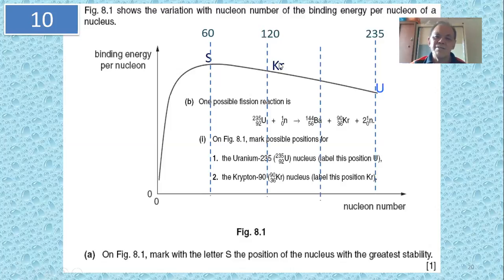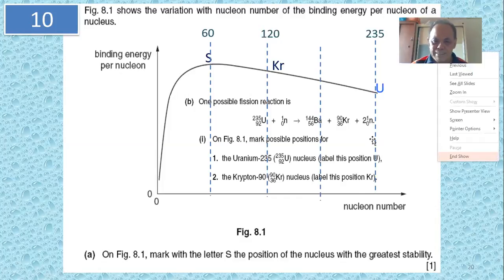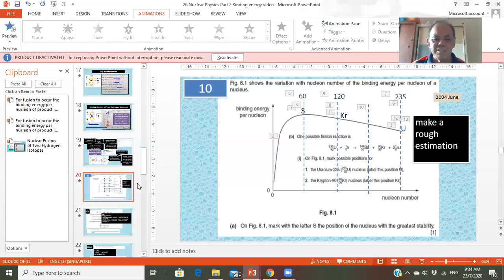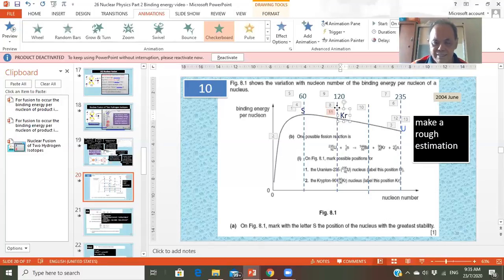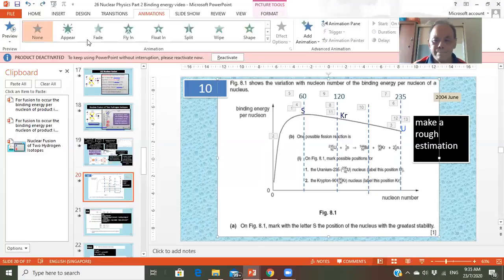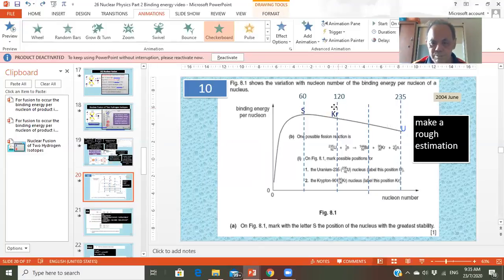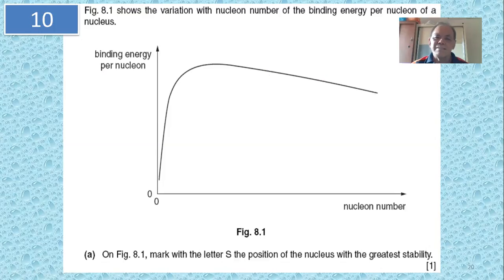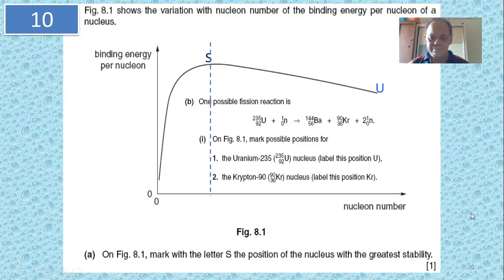Maybe your krypton should be further down there. If you are very particular, examiners are not that particular, as long as you get roughly the position right. As long as it's not here or too far away, then you should be all right.